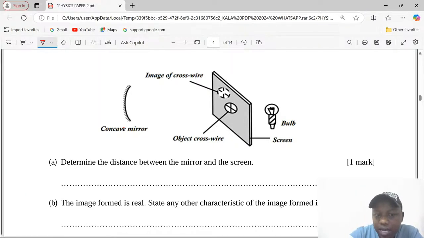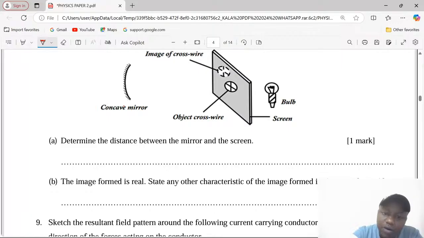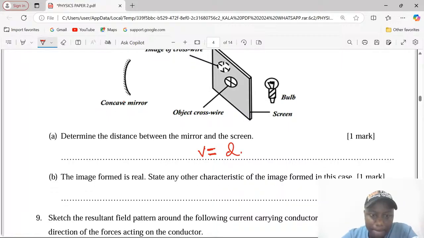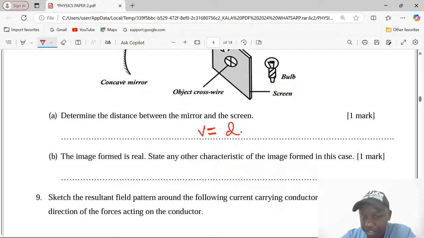From the mirror to where the image has been formed on the screen, we will call it v. Then we measure it.